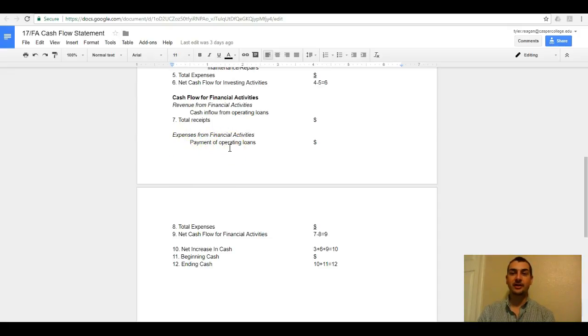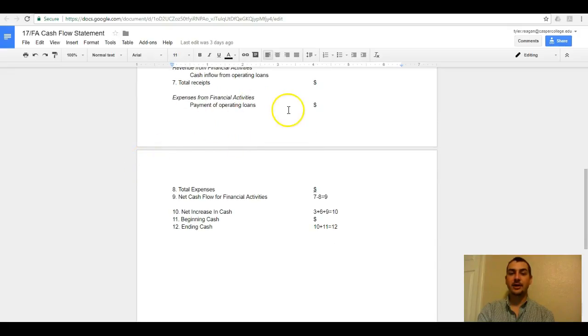And if you pulled out any more operating loans in 2016, that would be the cash flow from the operating loan. Then you'll add up all of your expenses from financial activities to find the total expenses. You'll take total receipts minus total expenses to find the net cash flow of financial activities, just like we did on the other two sections of this cash flow statement.